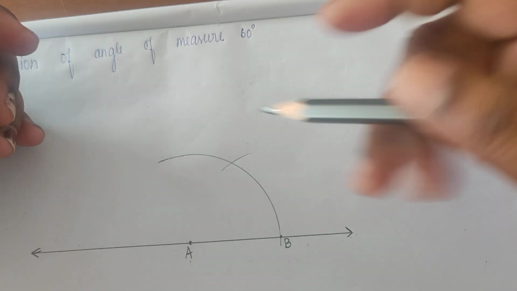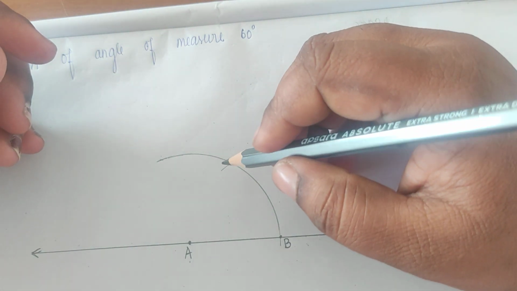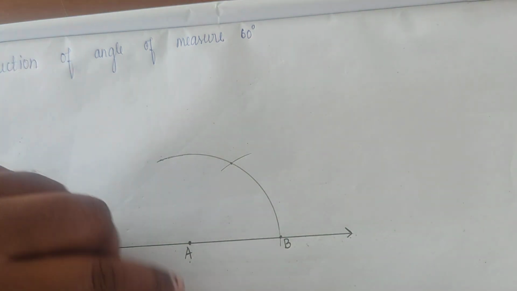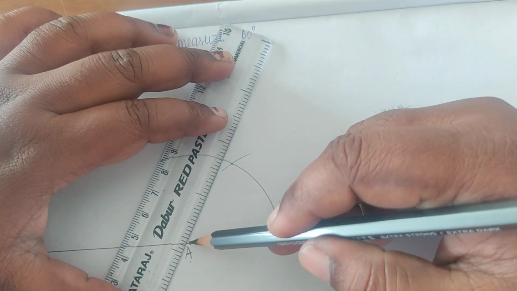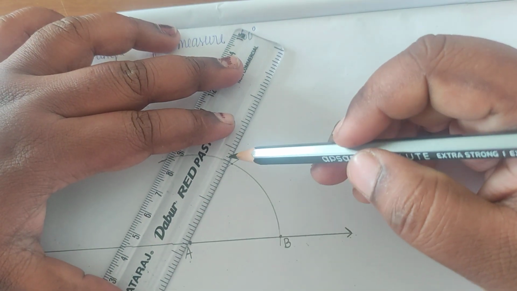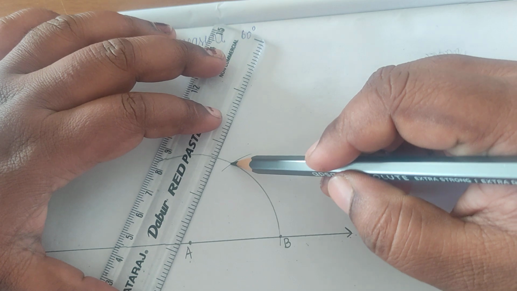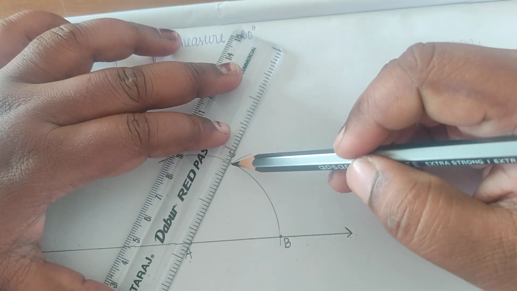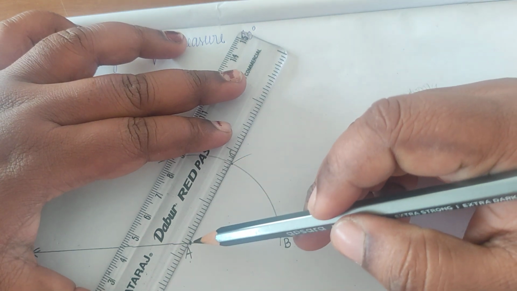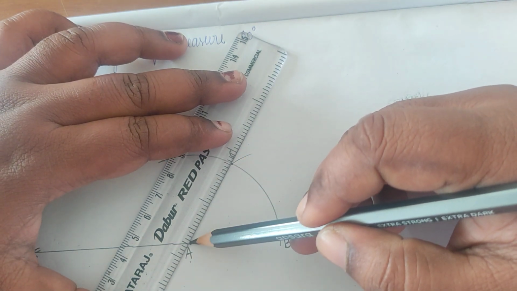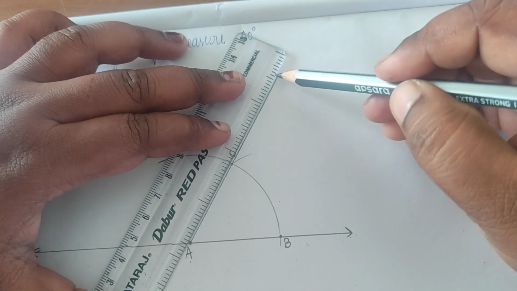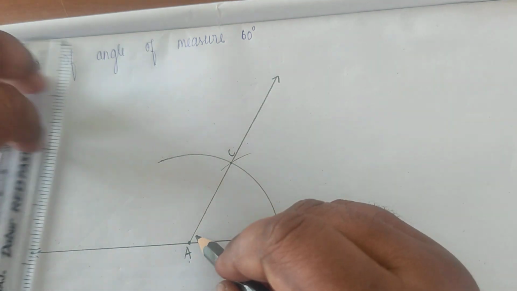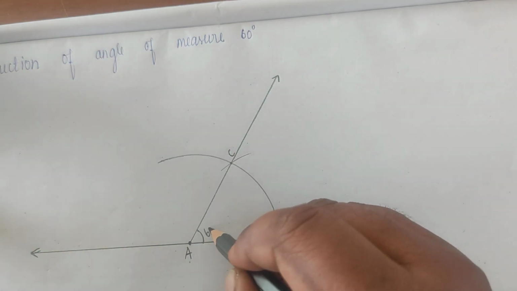So mark this point and join it with point A. This point is named C. Okay, C. So join A and C. So this one is 60 degree.